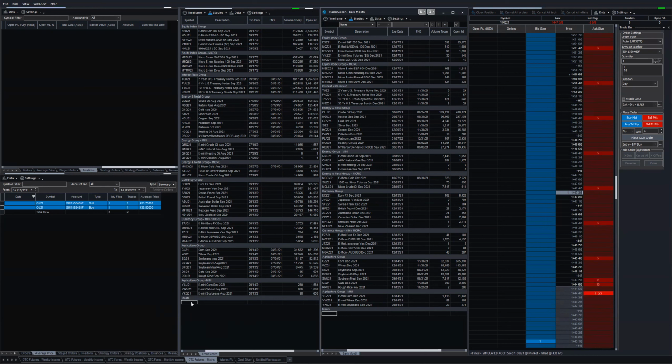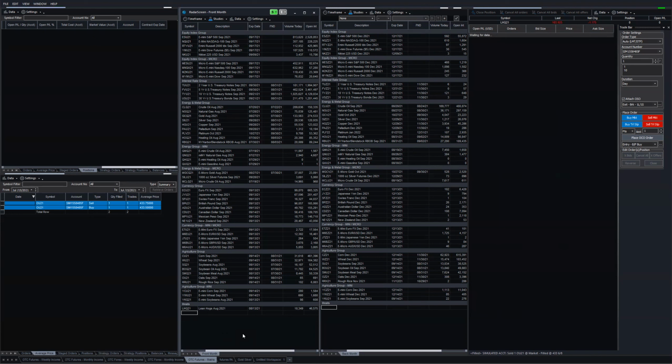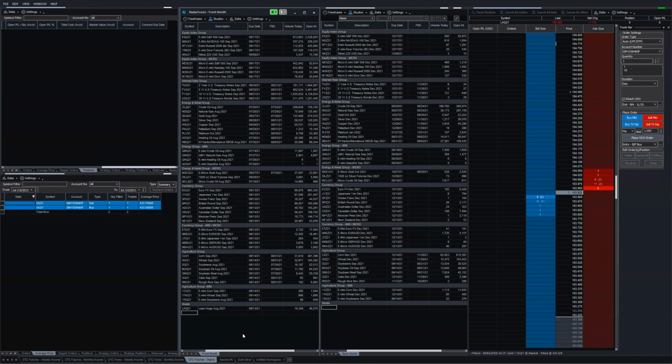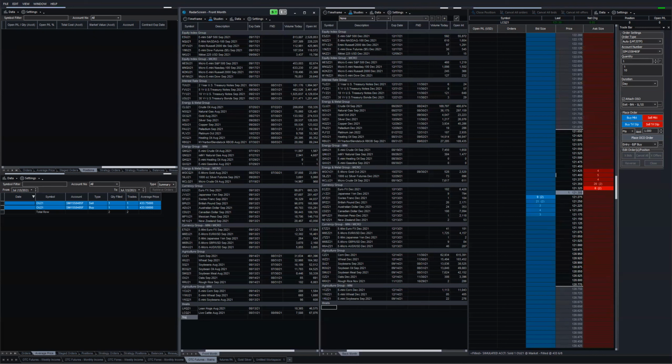The contract symbol for lean hogs is LH, the front month is Q and 21. Live cattle, LC, also Q. They're all Q. And the feeder cattle, FCQ21.